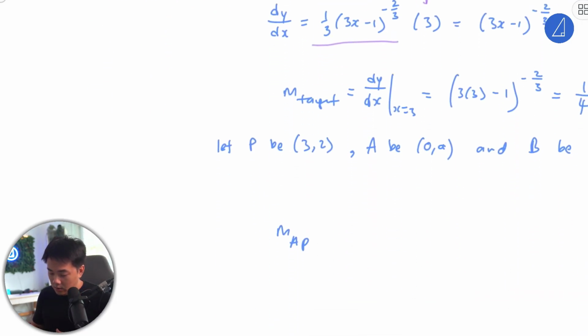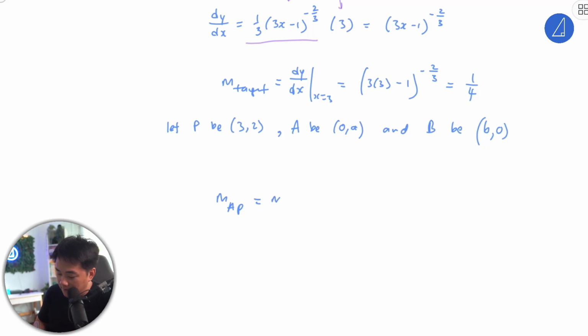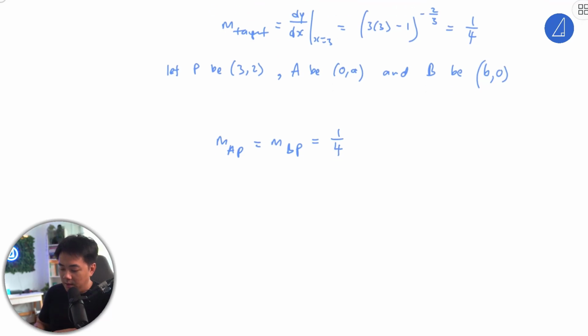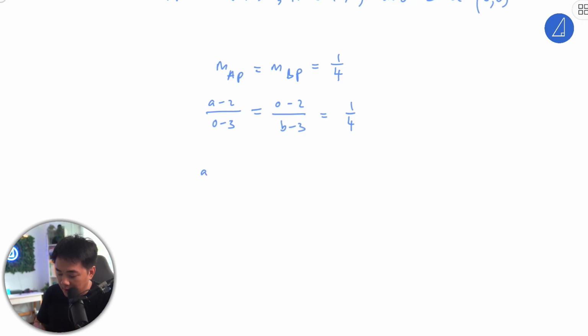Okay, that's that. So what I'm going to do is write this down. M_AP equals M_BP equals 1/4. Again, we just use y1 minus y2 over x1 minus x2. So (A minus 2) over (0 minus 3) equals 1/4, and also (0 minus 2) over (B minus 3) equals 1/4.